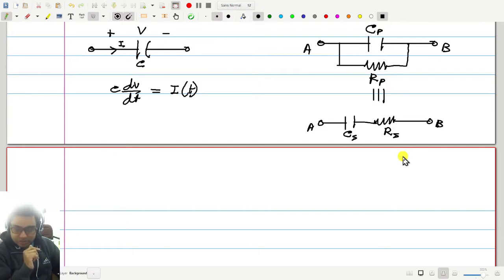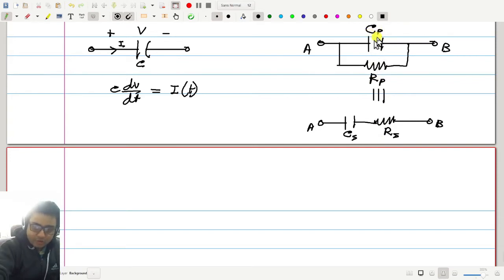Good question. I got the answer, but I will tell you in a minute after deriving the equivalence relation. Please remind me.